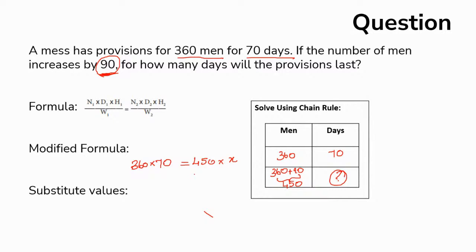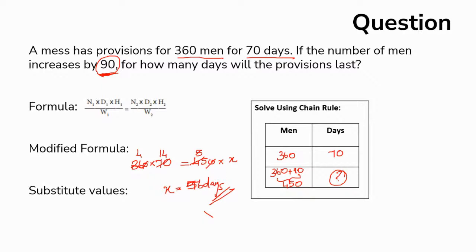It is only based on the number of men and days, and if you try to solve it, you will get the value of x as 56 days. That will be your answer for this one.